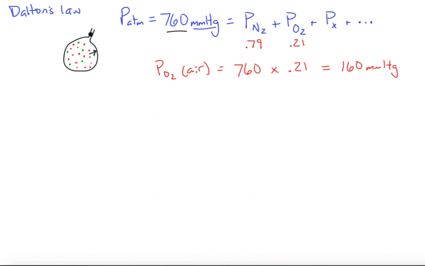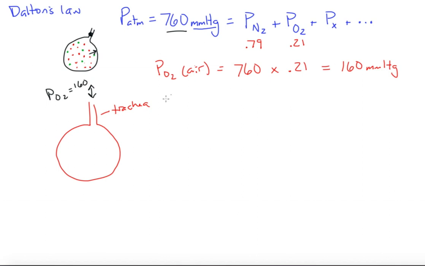All right, so really that was the whole point of using Dalton's law, because now if I come down here and sketch a really schematic lung, a trachea, and a lung, we're breathing in and out of this trachea, and the air we're breathing in and out has a PO2 of 160, always millimeters of mercury.